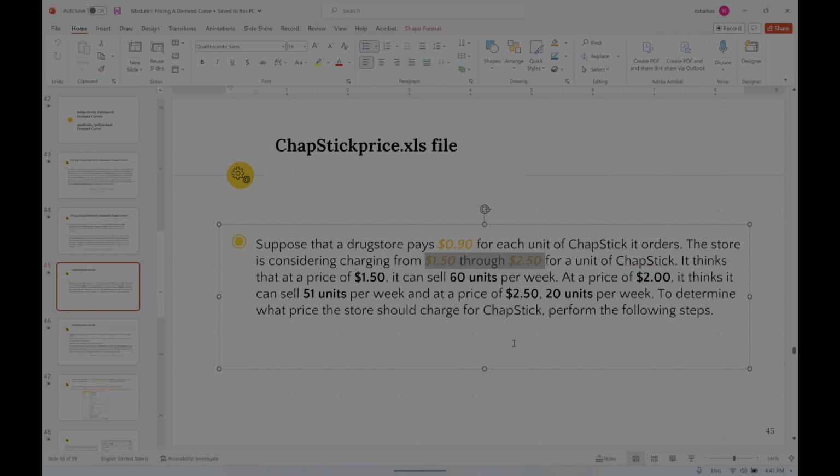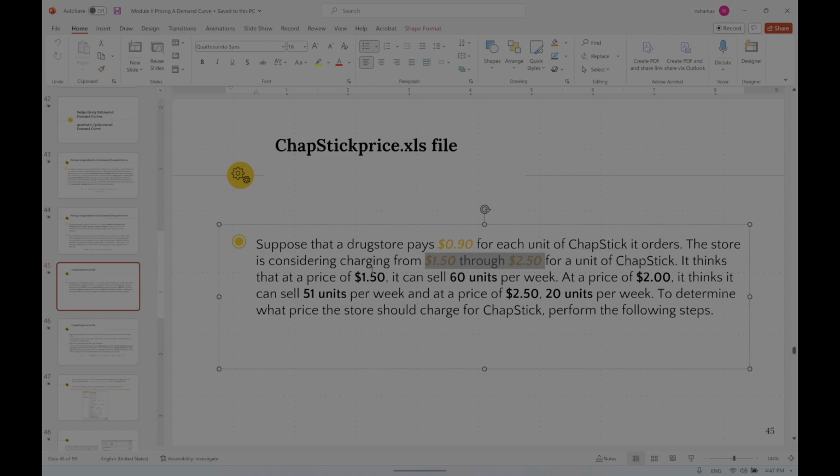It thinks that at a price of 1.5, it can sell 60 units per week. At a price of $2, it thinks it can sell 51 units per week. And at a price of 2.5, 20 units per week. To determine what price the store should charge for chapstick, we need to do the following.